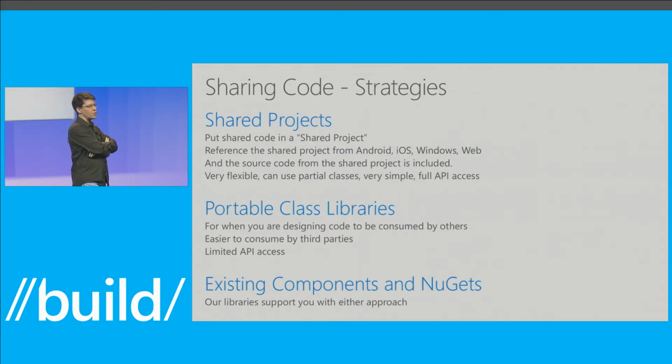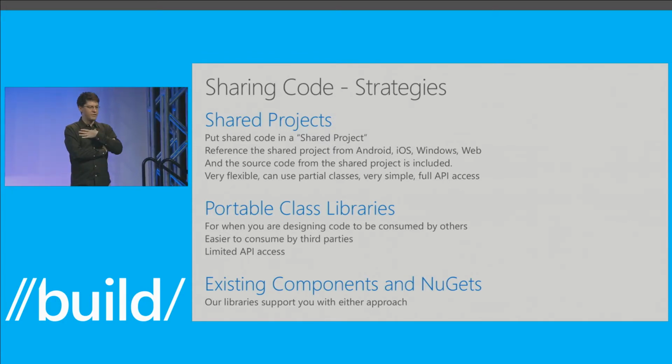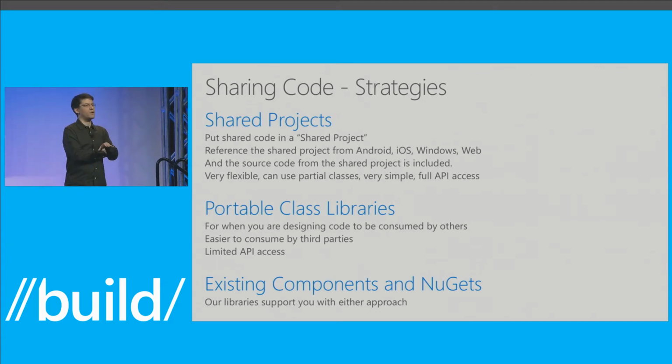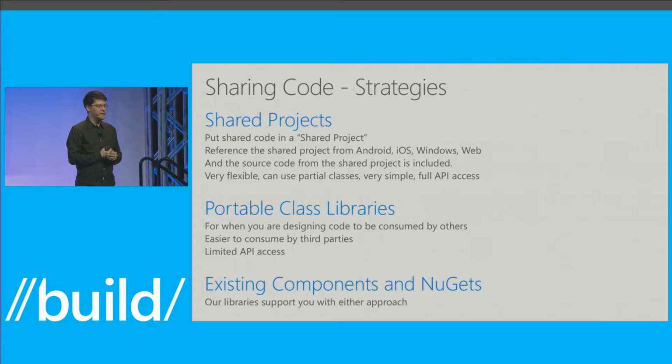So there's three major ways to share code between those two. Now, my personal favorite, and this is highly debated with the more purist people in the company, is the shared project approach. Shared projects are essentially projects that were introduced in Visual Studio 2015, where you dump source code and resources into a special project that you reference. Now, this is interesting because this is a project that is not actually compiled on its own.